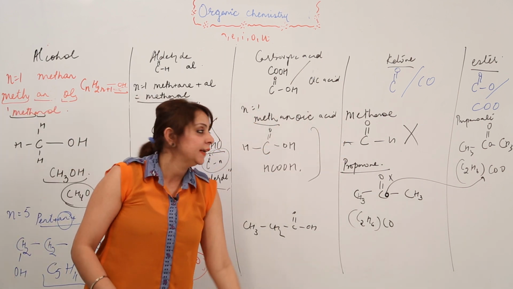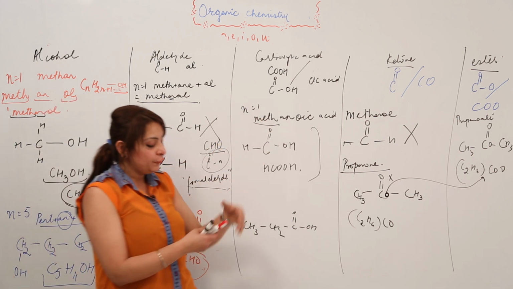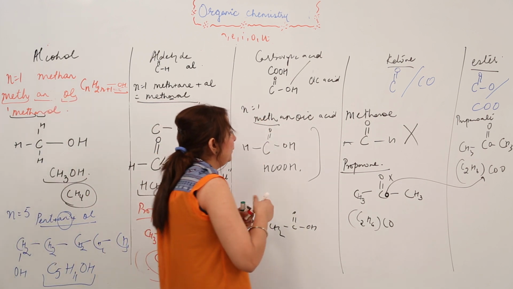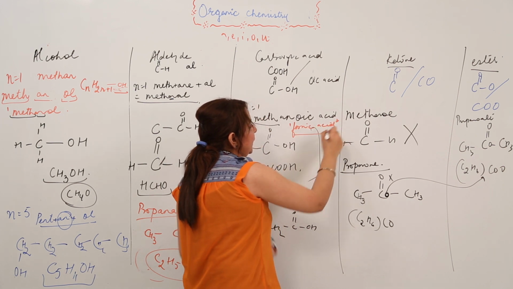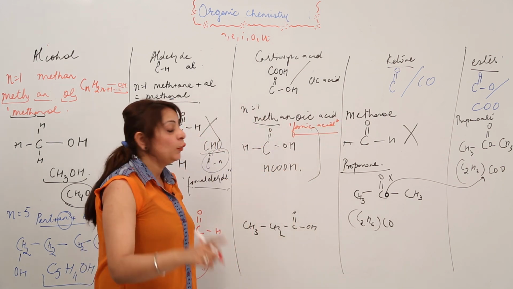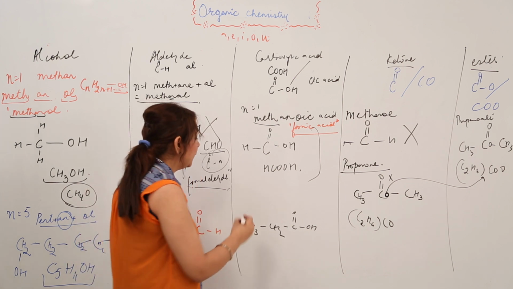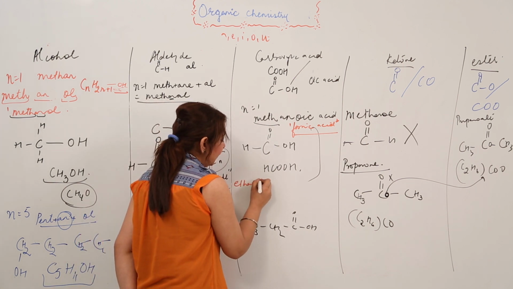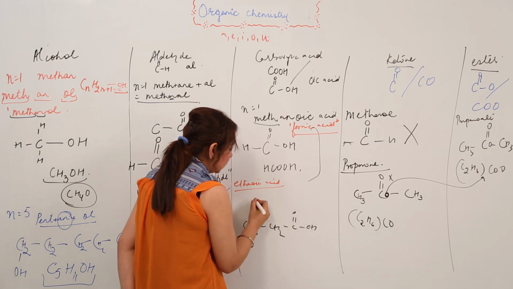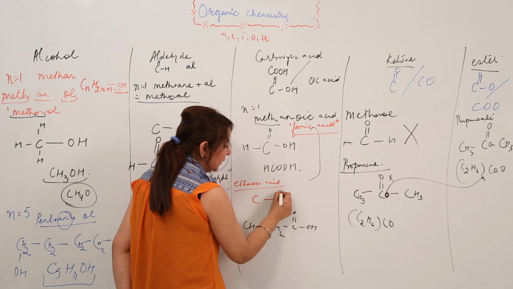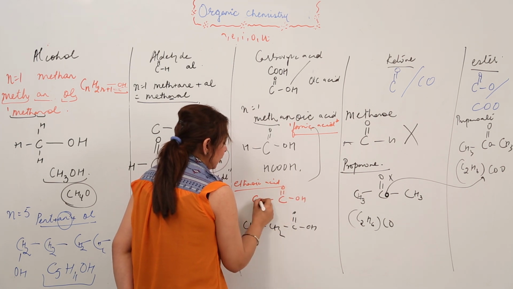And you know what the common name for methanoic acid is? It is formic acid. Formic acid is the common name for methanoic acid, right? And what is the formula for ethanoic acid? Ethanoic acid is actually an important component which you use in your kitchen. Eth means 2, an means single, oic acid means this.